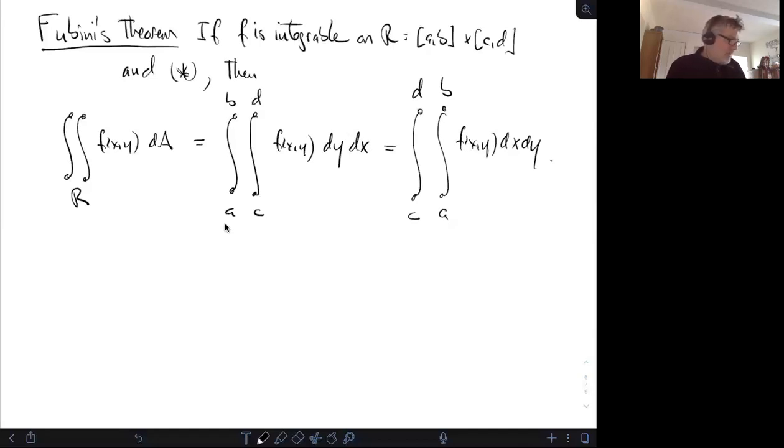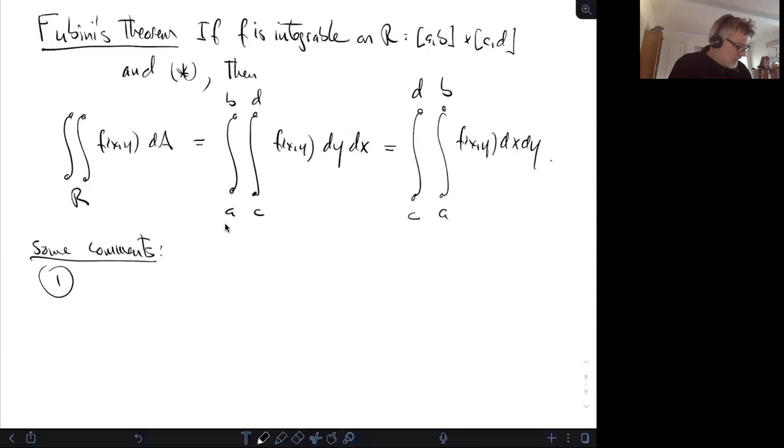Okay, so I'm not going to prove that, but some comments, some notes on this. The first thing I like to say, because too many people think that all the math that we're doing was done like 300 years ago. Fubini's theorem is from 1907.